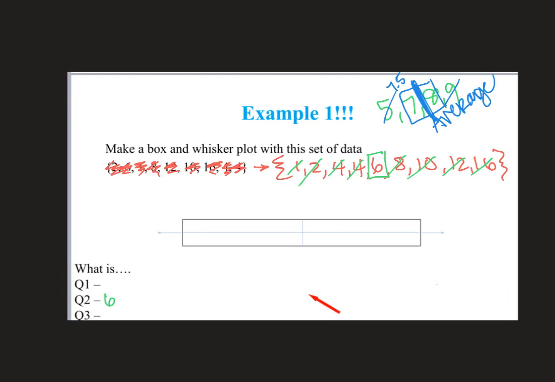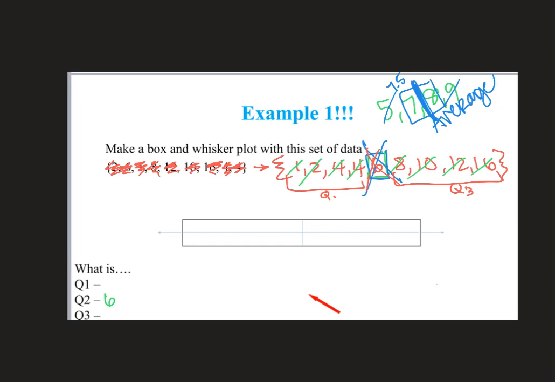Now, since our number 6 is our Q2, we are going to cross it out and use the first half of data for Q1 and the second half of data for Q3. You are not going to use that 6 anymore.